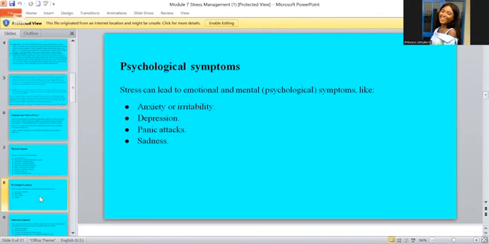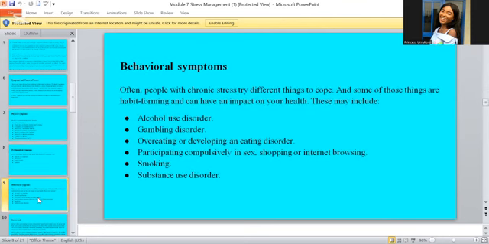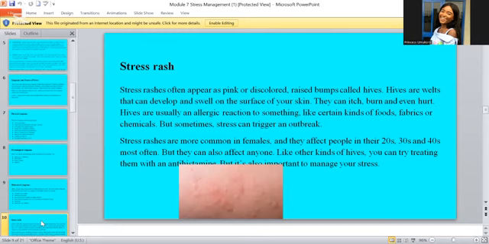Some psychological symptoms of stress include anxiety or irritability, depression, panic attacks, and sadness. What are some behavioral symptoms of stress? We have alcohol use disorder, gambling disorder, overeating or developing an eating disorder, participating compulsively in sex, shopping, or internet browsing, smoking, and substance use disorder.